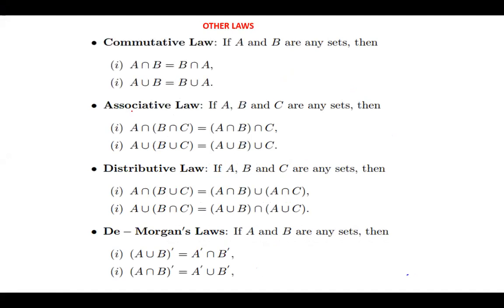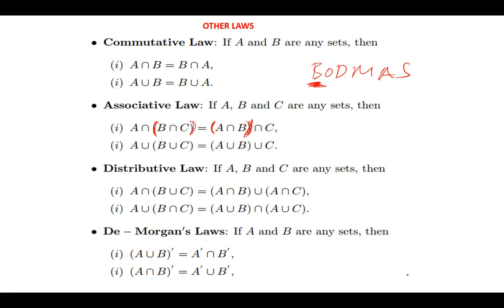So we also look at the associative law. The associative law talks about the arrangement of brackets. So you can start by putting the brackets on B and C, or you can start by putting the brackets on A and B. When you follow BODMAS, it means that when working out any mathematical operation, you have to start with what is in the brackets, because brackets are the ones that come first in BODMAS.